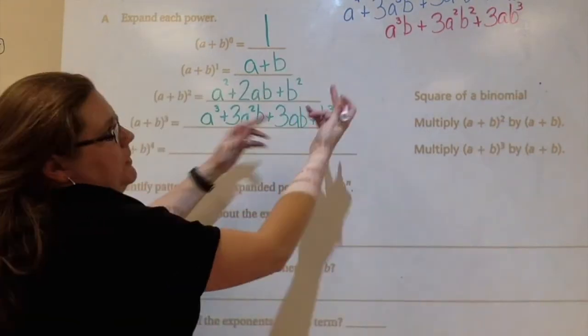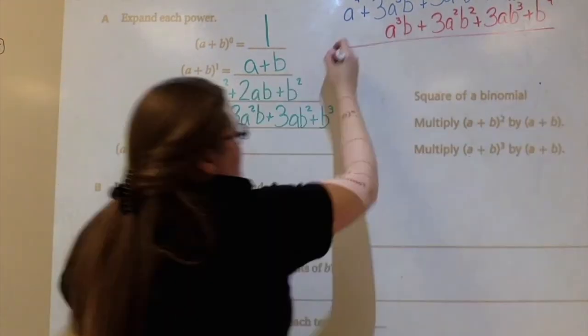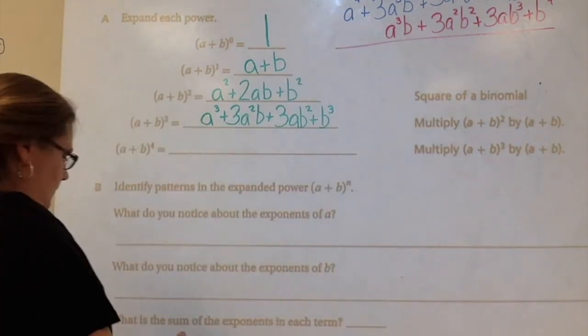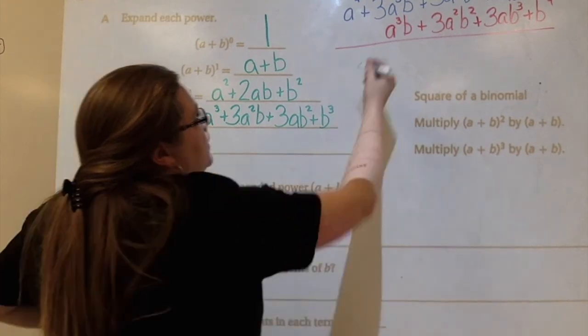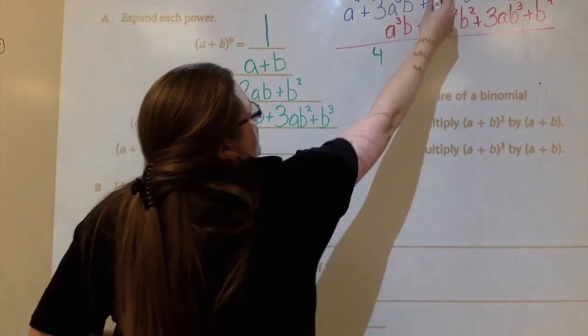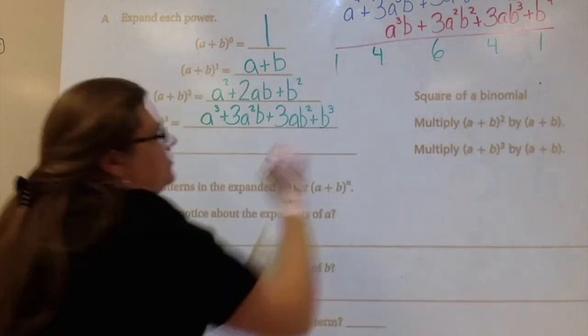And b times b cubed is b to the 4th. Anybody notice a pattern yet? When I'm combining my like terms here, I'll get 4 of these, 6 of these, 4 of these, and just 1 of each of those.